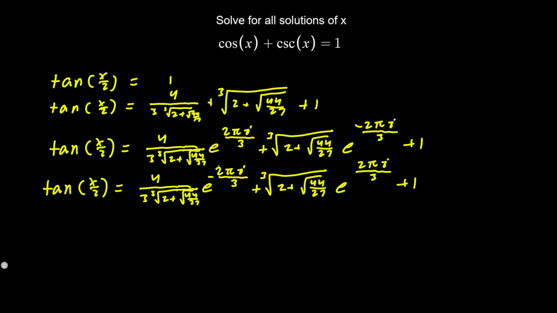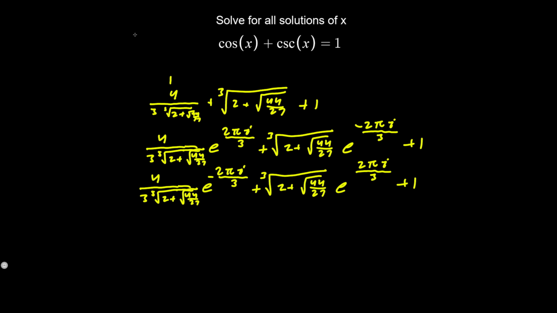So now we have just the last steps, which are taking the inverse tangent of both sides. I'm going to go ahead and do that. We're going to start off with the first one, x over 2 equals pi over 4, since we know that tan inverse of 1 is just pi over 4.